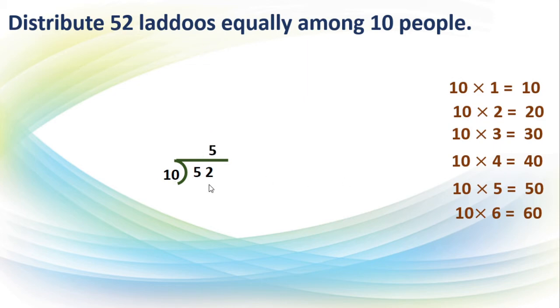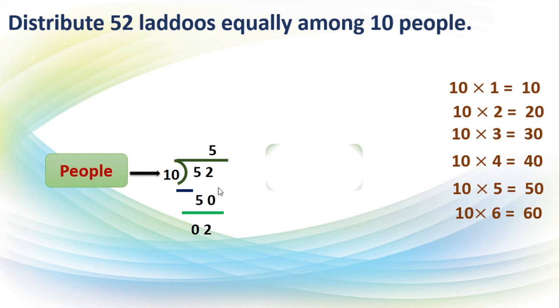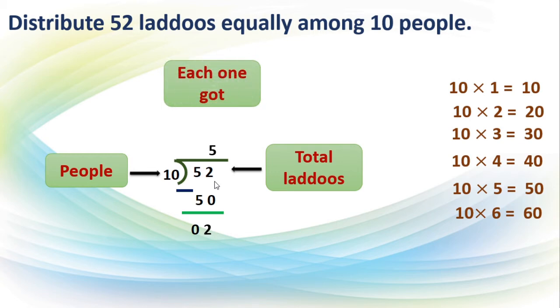Okay, we will use this 10 fives are 50. So we will write 5 in the quotient. 50 minus, what remained? 2 remained, isn't it? Okay, here also we will write 10, that is nothing but people, right? And 52, they are total laddus. 5 is, each one got how many laddus? That is 5.